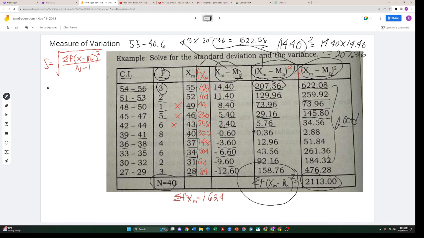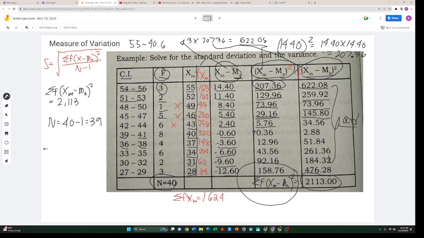So, ato ang summation kani siya is result day ani niya kay 2,113, no, and then ato ang n nato kay 40, then minusan nimo og 1 kay ang formula man n minus 1, which is minus 1 ka 39.